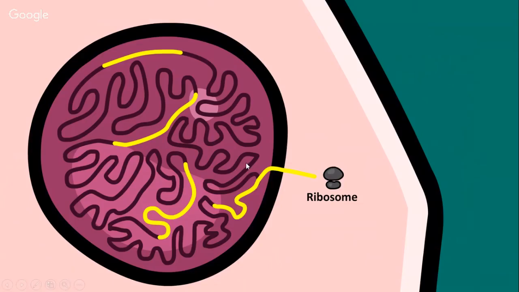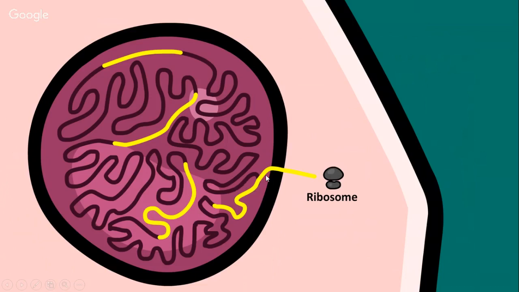And so here we have an RNA molecule. It's peeling off of the DNA here. It's a copy of that DNA, and it's going out of the nucleus into the cytosol of the cell, into the cytoplasm, where it's going to meet with a special structure called the ribosome.